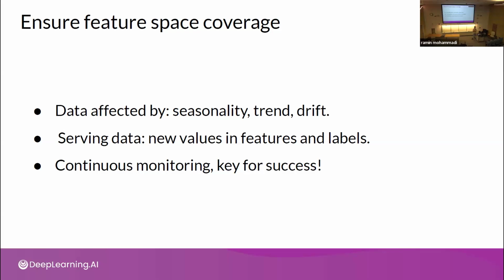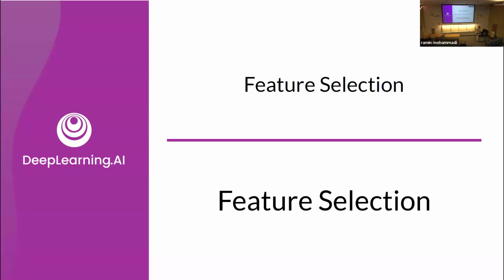How could we update our schema to account for changes instead of just throwing an error at everyone because we haven't seen this, or it doesn't work? Maybe we can update the backend in a way that you accept the data from the user, and at the same time you're also learning from it. It's kind of a scenario level. And at the end, continuous monitoring is always the key to your success.